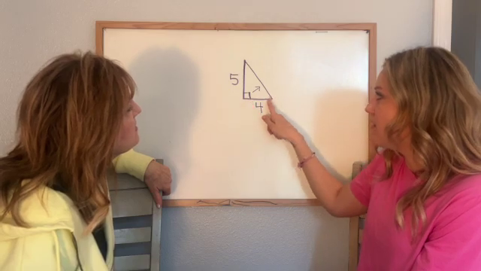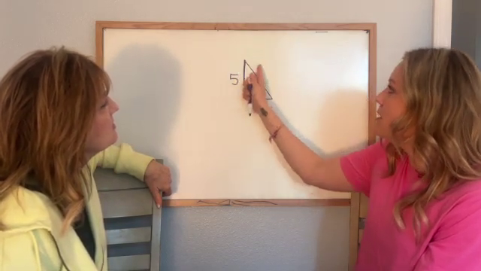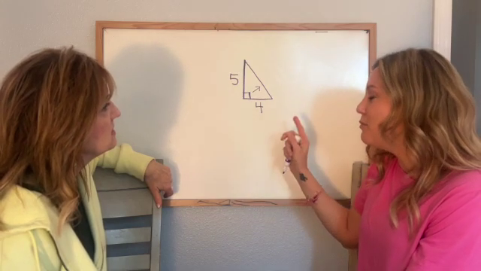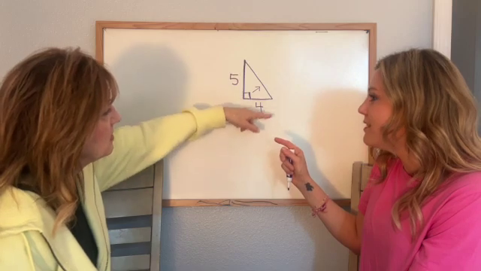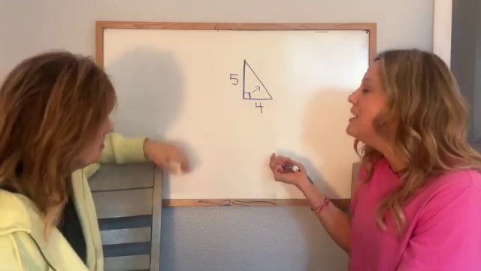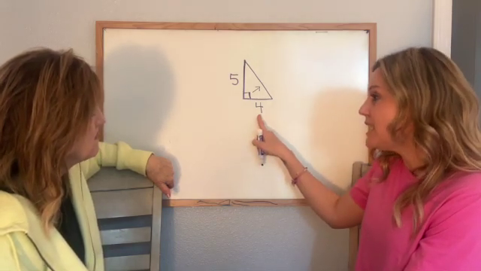And this is another leg. And the one opposite the right angle is always called the hypotenuse. This is one leg, that's another leg, and that's the hypotenuse.